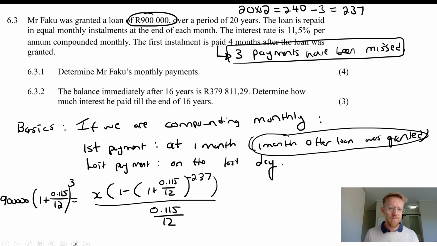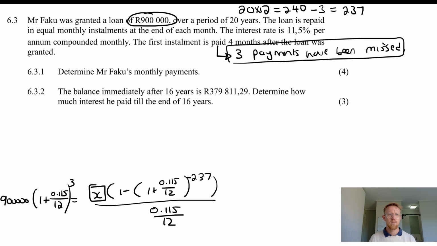Okay, so we've got to get X by itself. I would try to use my calculator as little as possible in this scenario. So I would have the 900,000 times 1 plus 0.115 over 12 to the 3.